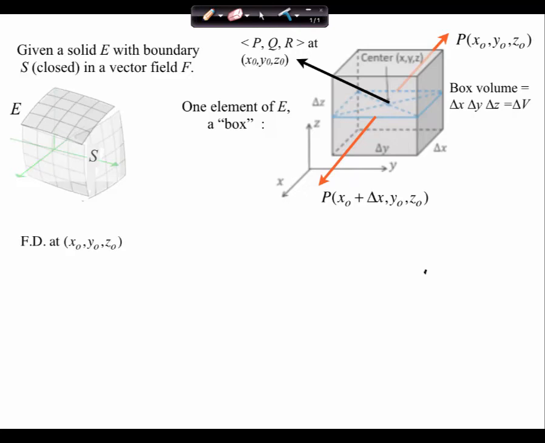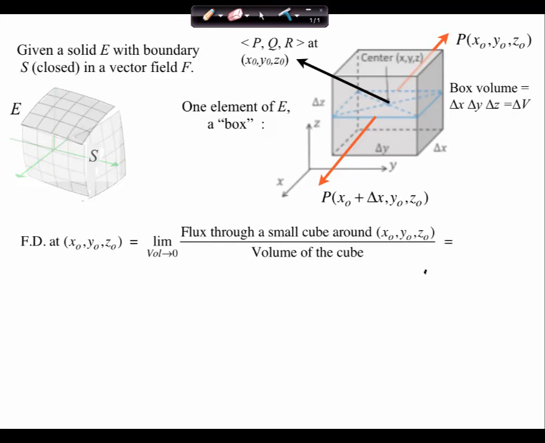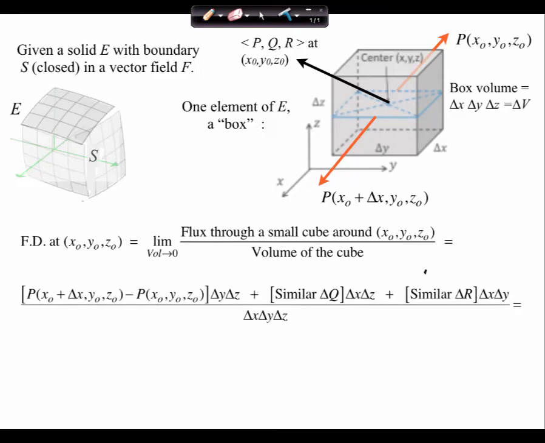So flux density at this point, right? Our flux density is the flux through the small cube around that point over the volume of the cube. And what we say, divergence, right?